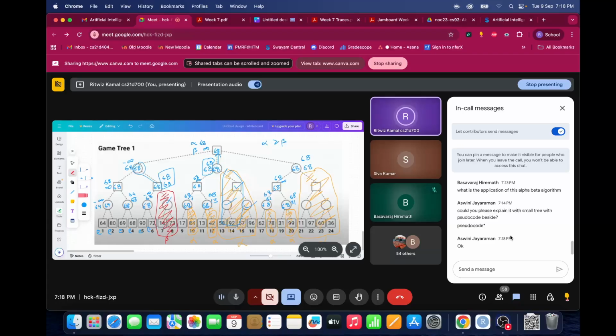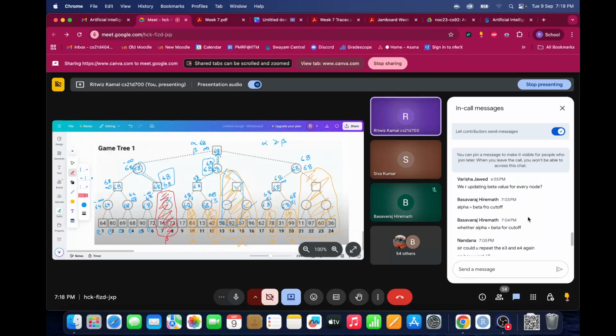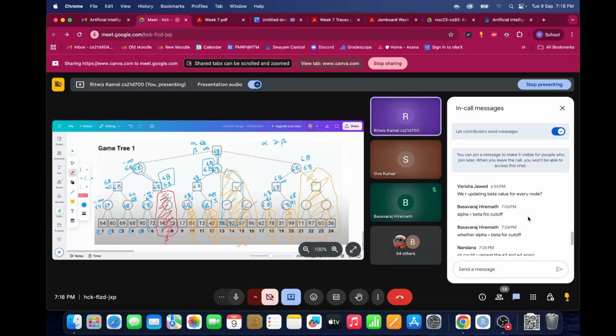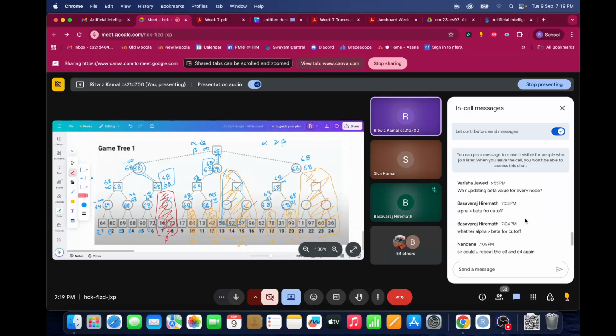Okay, so I'll just wait for a minute, then we can move on to the other method that is left for today. I hope the remaining questions in the chat box by Varisha, Baswaraj, Nandana, I hope your queries were addressed while we solved the whole alpha beta algorithm. If not, please let me know.